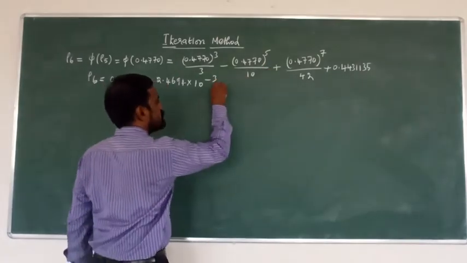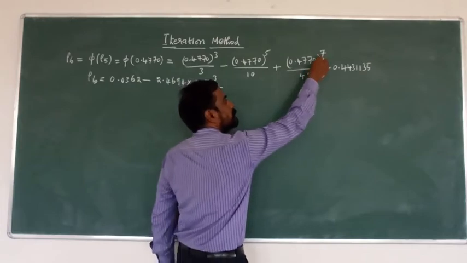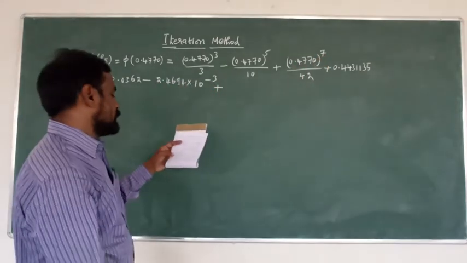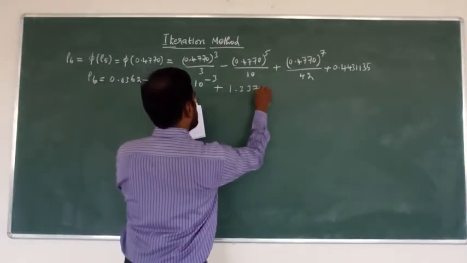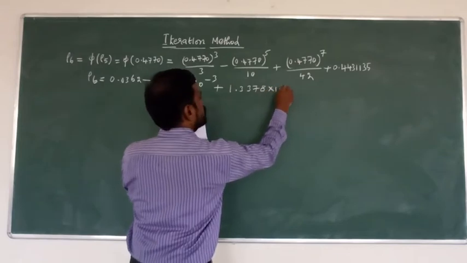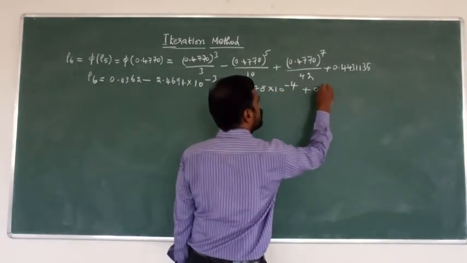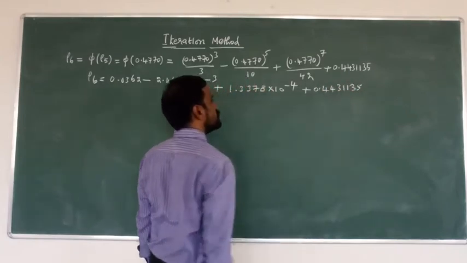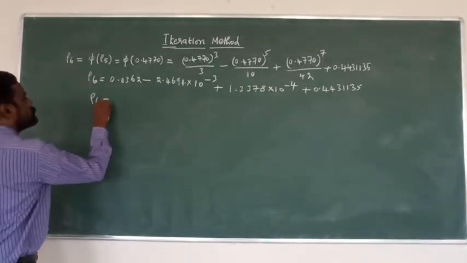Next plus 0.4770 power 7, that result divided by 42, we can get the result 1.3378 into 10 to the power of minus 4 plus 0.443135. Now add all the values.